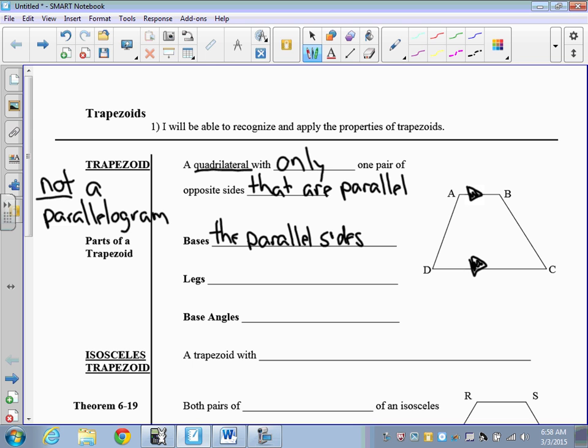Typically we see trapezoids with parallel sides on the top and the bottom. They can also be on the left and the right. So remember, the bases are just the parallel sides. The legs are the non-parallel sides.